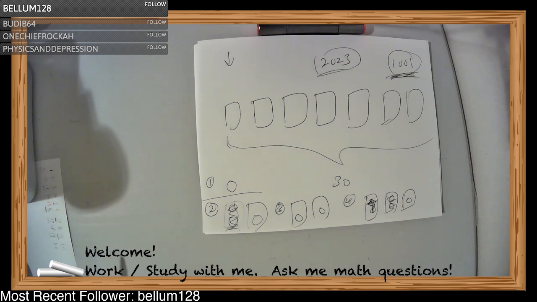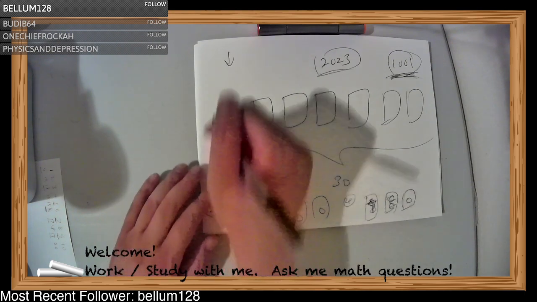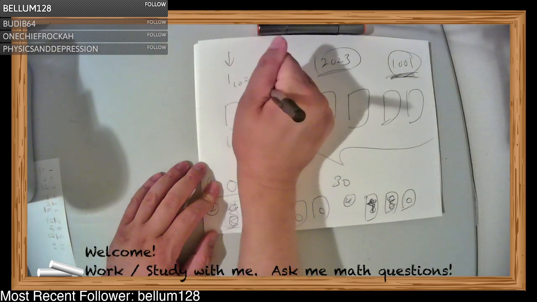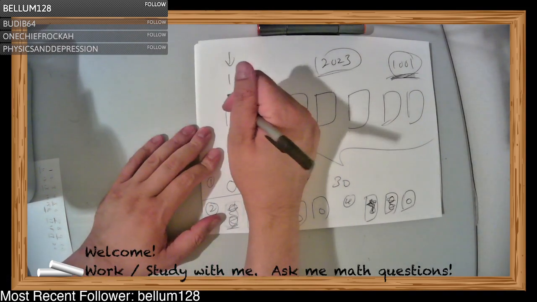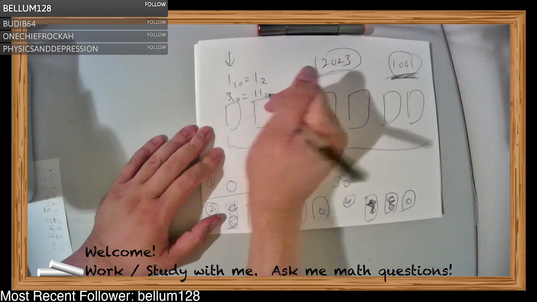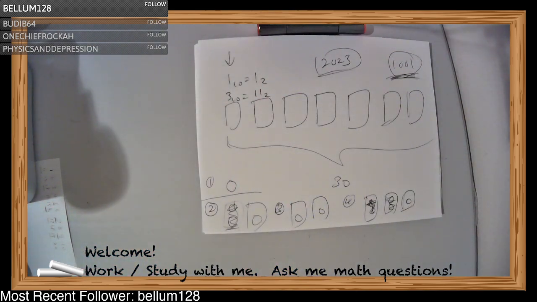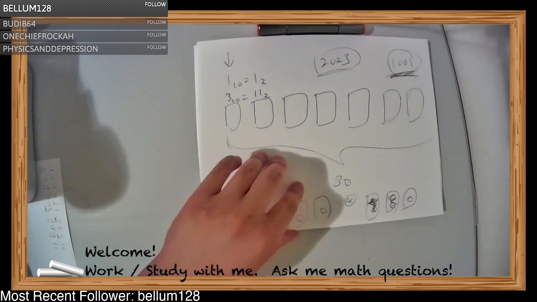Just like 1 has 1 digit and 3 has 2. Okay, yes, it's 7. All right.